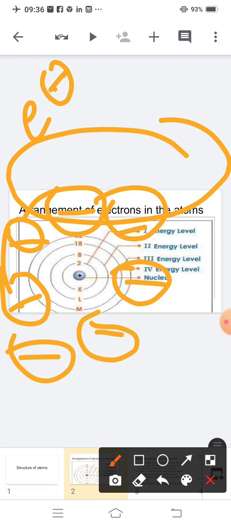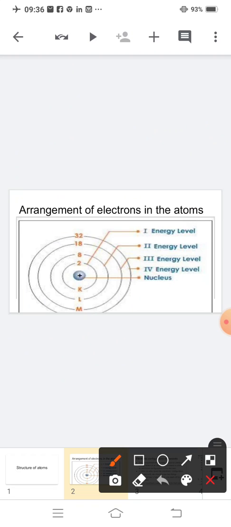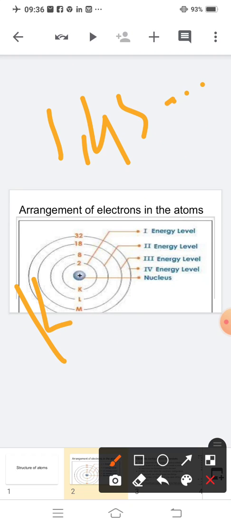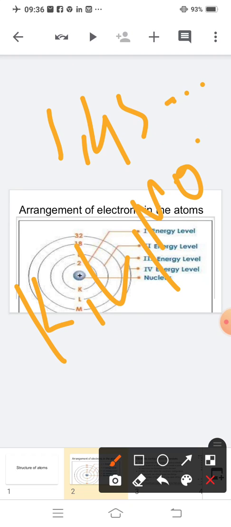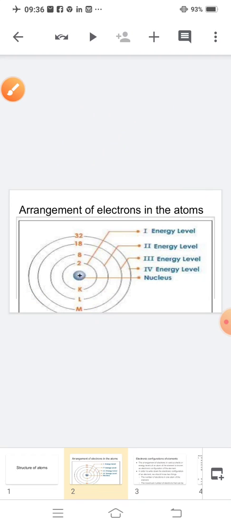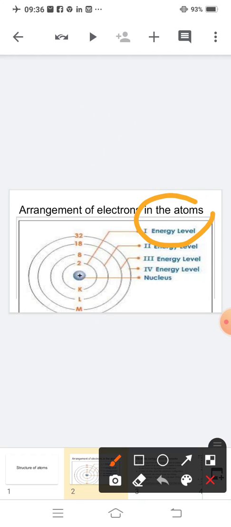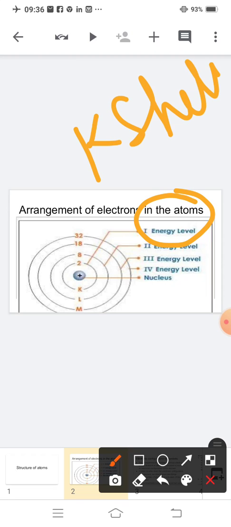Now, there are different energy shells and they are denoted by 1, 2, 3, 4, 5, and so on, or K, L, M, N, O, P. Clear? First energy shell is your K shell. Second is L shell. Third is M shell.